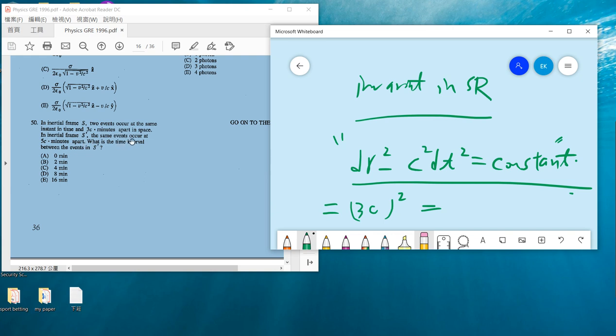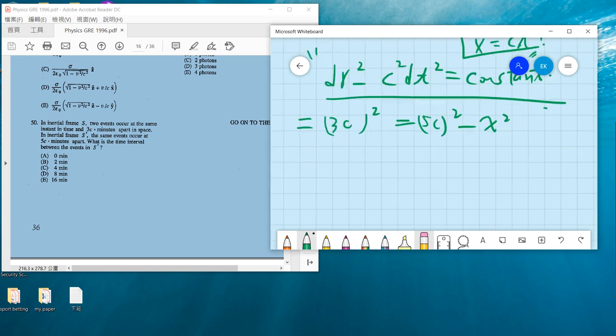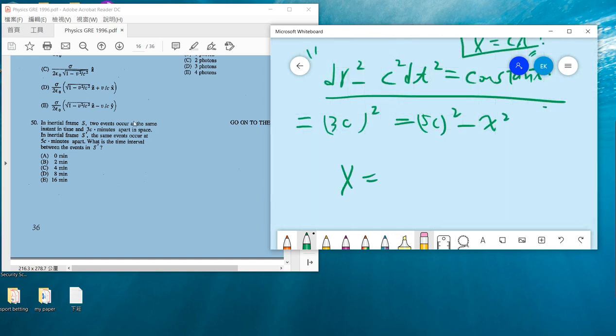In S prime you have the same events occurring 5c minutes apart, and y is the time interval. X is basically ct. Oh, so the Pythagorean theorem tells you that this is basically 4. So the answer is 4c minutes. So the answer we choose is C.